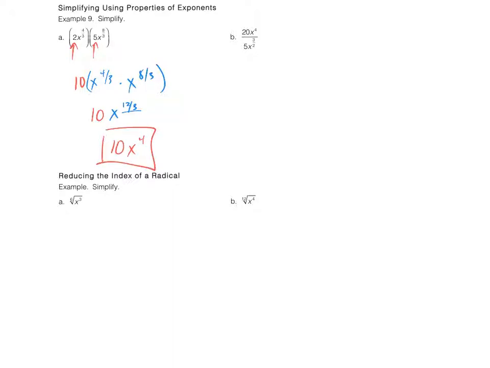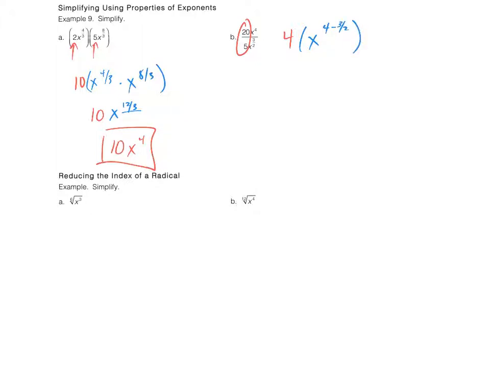In B, I'm going to do the same thing. I am going to take the 20 and the 5 and simplify that first. So I know I'm going to have 4 in my answer. And then I have x to the 4th, and then since I'm dividing, it's minus 3/2, and I'm now going to simplify that.